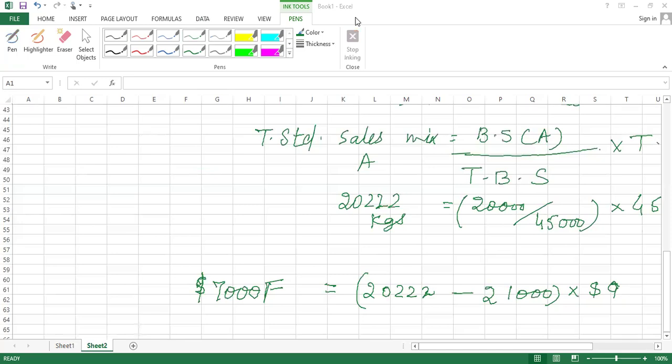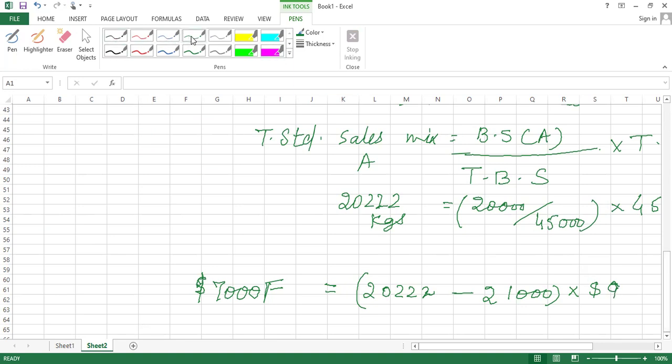Sales mix variance. Someone wrote the formula that sales mix variance is equal to actual quantity for actual mix minus actual quantity for standard mix into standard contribution per unit. Your formula is also right. You will also get the same answer which I did over here, and I also wrote the same thing.